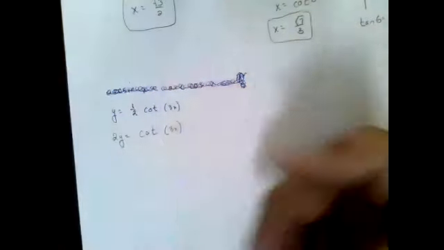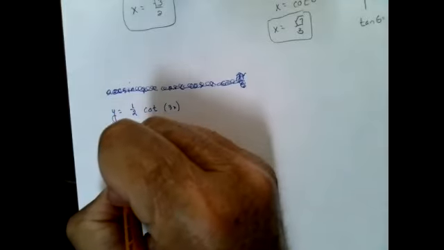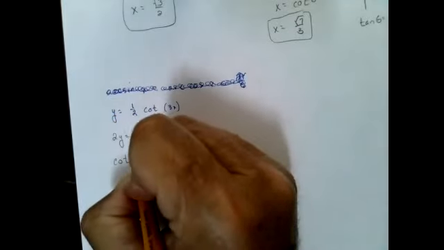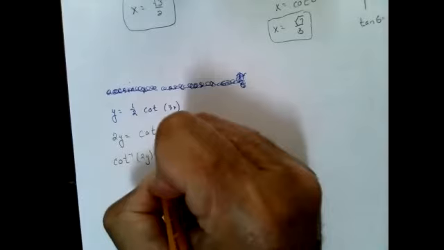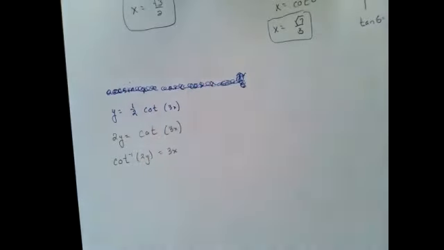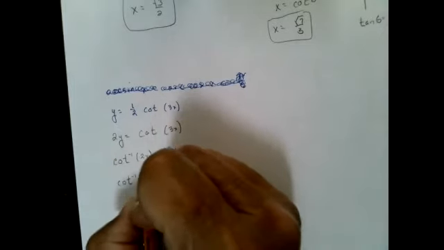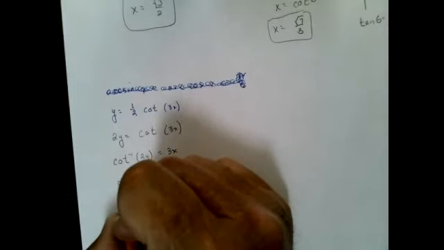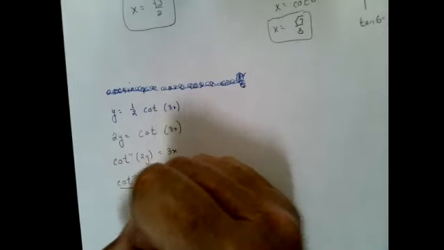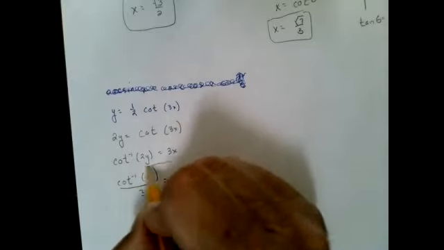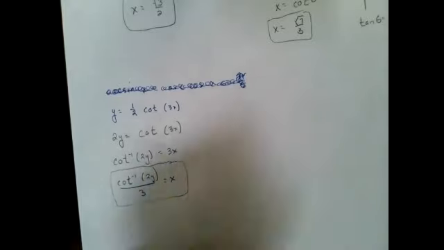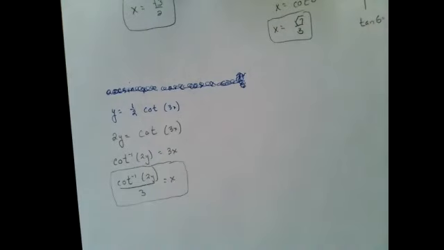Cotangent of 3x. The inverse cotangent of 2y equals 3x. The inverse cotangent of 2y divided by 3 equals x. Feel good about that one?